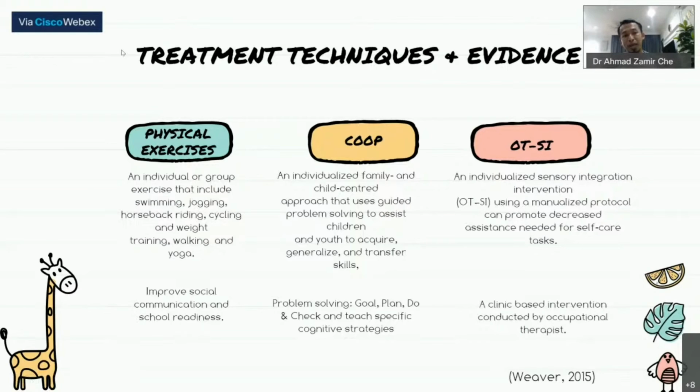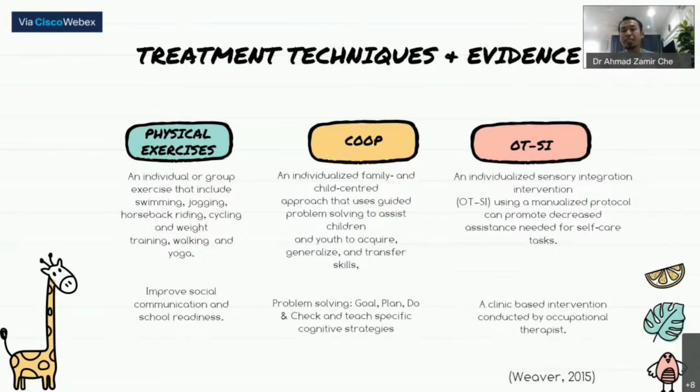At the moment, I have just passed level 1 and level 2, and I'm still working on level 3 and level 4. Okay, so in the COOP, they teach the child goal, plan, do, and check. This is the global strategy that is used in the COOP.